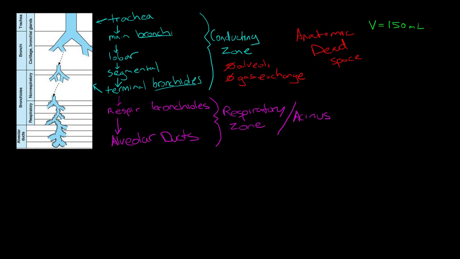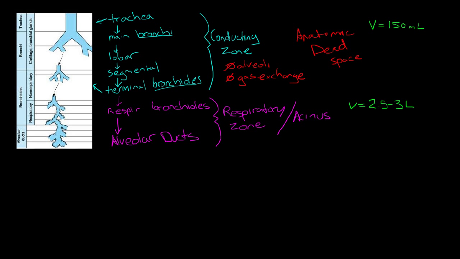The volume that we see here in the respiratory zone is much greater than what we see in the conducting zone. The volume here is going to be about 2.5 to 3 liters. So already you can tell that most of the gas exists in the respiratory zone when compared to the conducting zone.